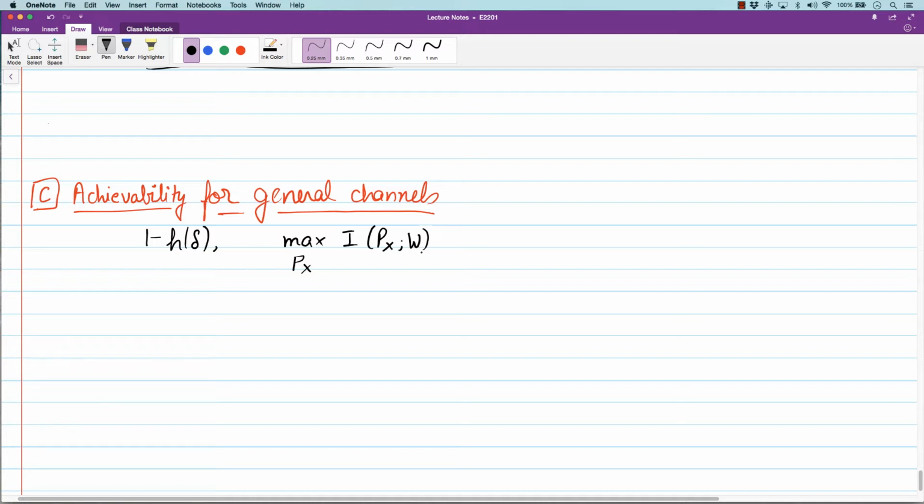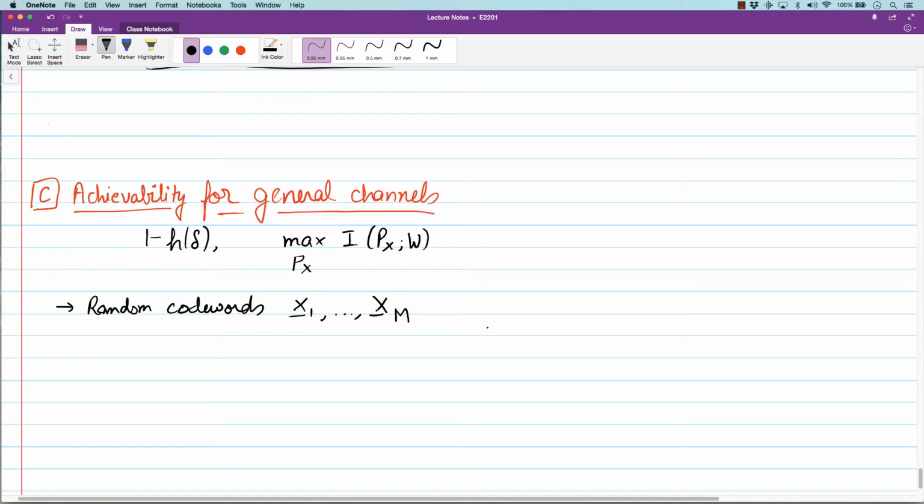So to do that, we'll build up on the proof that we had for the binary symmetric channel. Recall that for the binary symmetric channel, our scheme had the following structure. We generated random codewords x1 to xM. These were all vectors of length n because we were interested in n length codes.